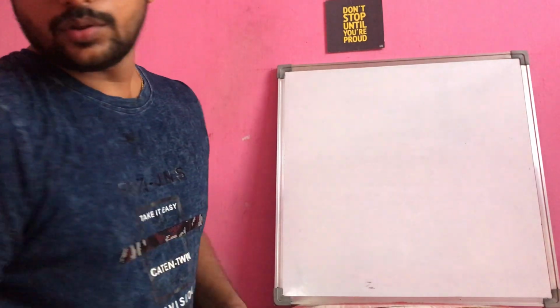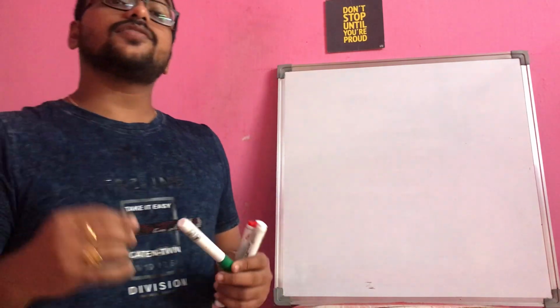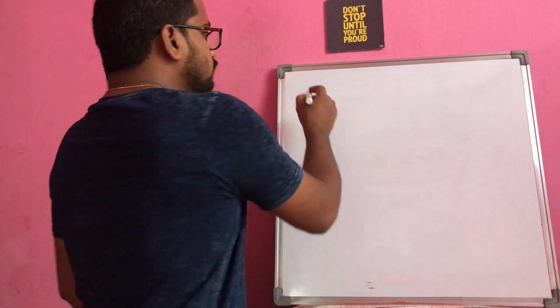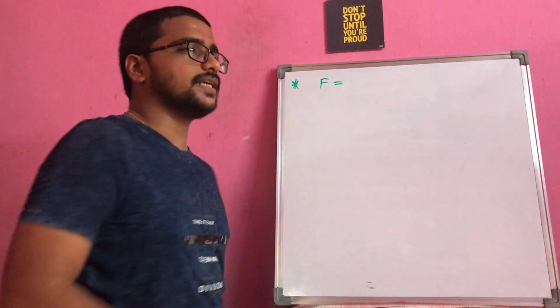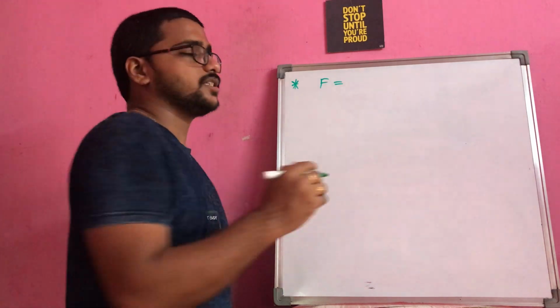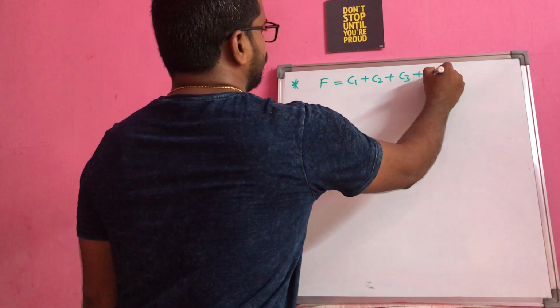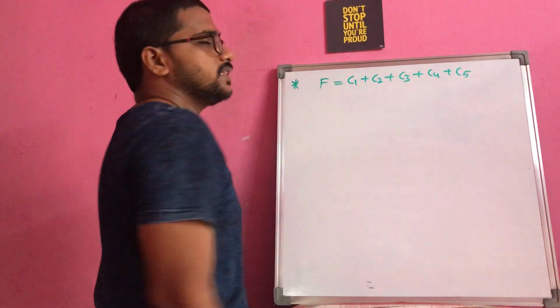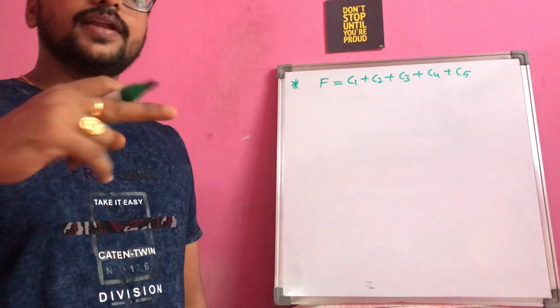See this question now. Age of a father is equal to sum of ages of his 5 children. So what is the condition they had given? Age of a father is equal to sum of ages of his 5 children. So C1, C2, C3, C4, C5. These are the ages of the 5 children after 15 years.